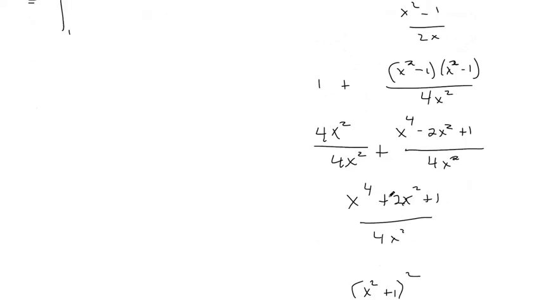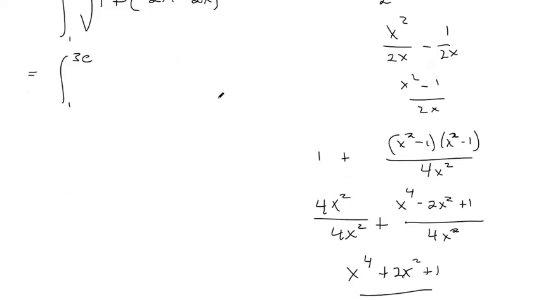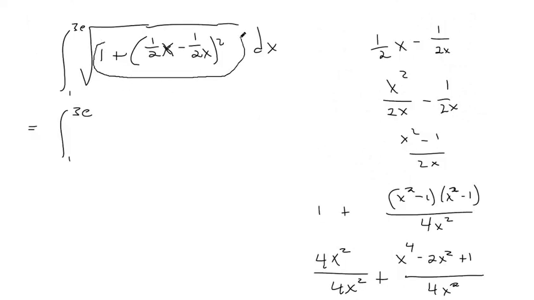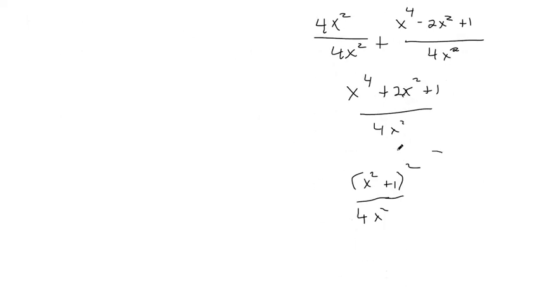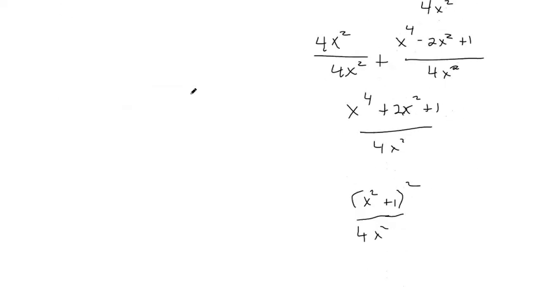Now that I'm here, does that help us? I just took this, oh yeah, because now we can apply the square root, right? I took this entire inside and rewrote it as x squared plus 1 squared over 4x squared.